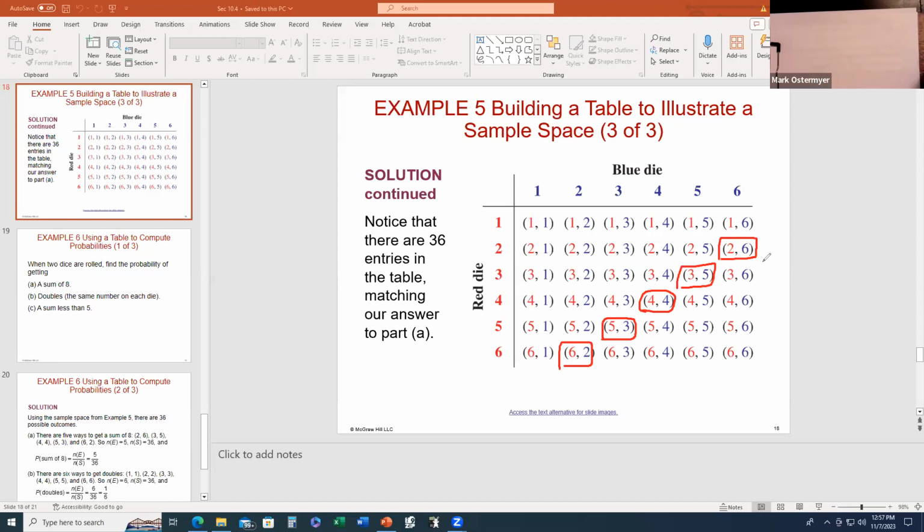Those are all the ways of rolling a sum of 8, out of 36 possible outcomes. So the probability of rolling a sum of 8 would be 1, 2, 3, 4, 5 over 36. 5 over 36 is the probability of rolling a sum of 8.